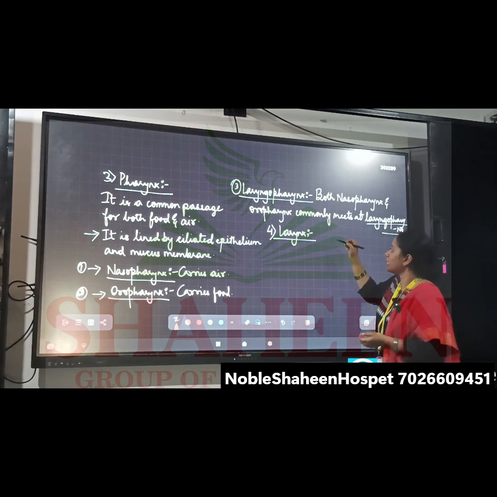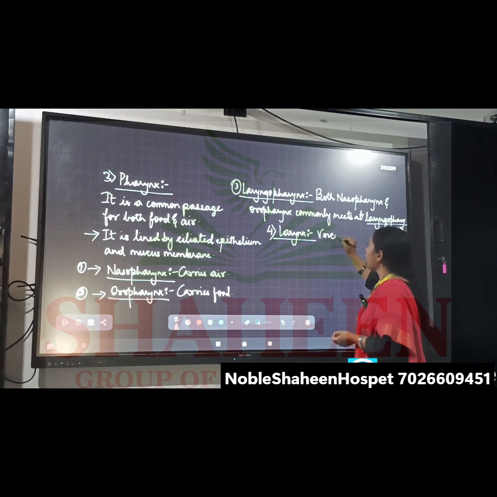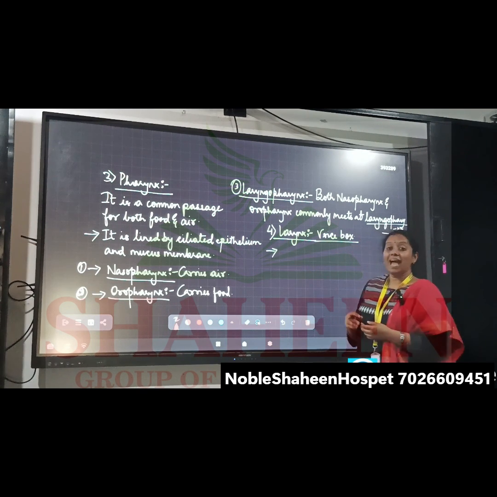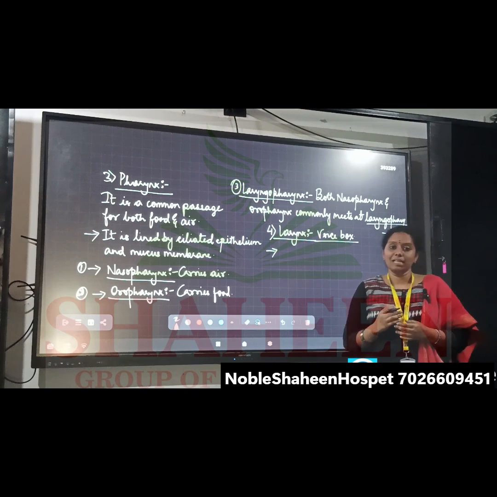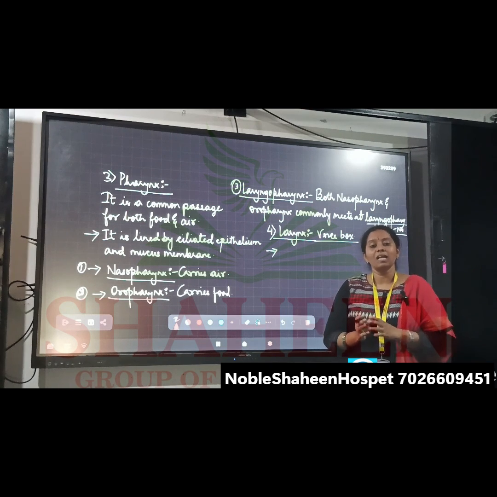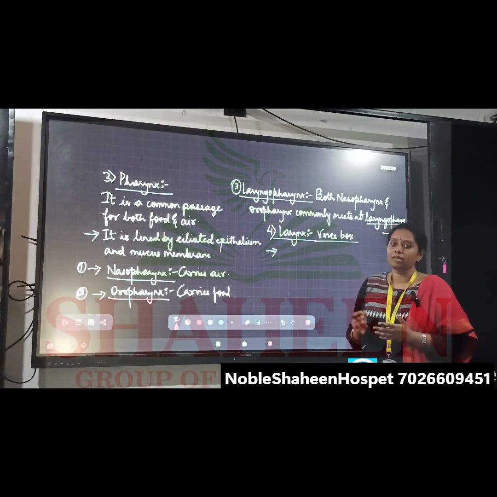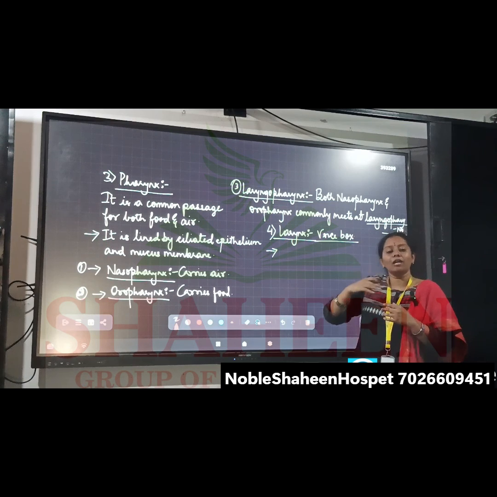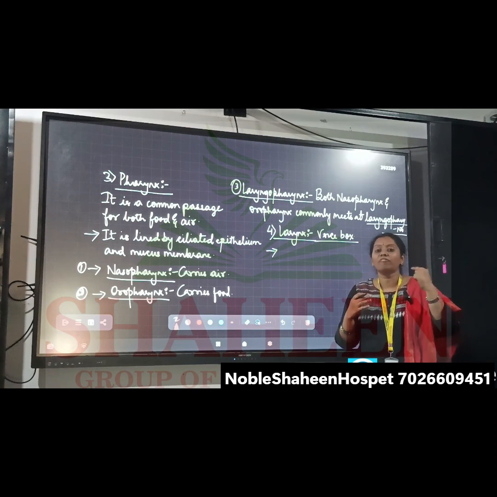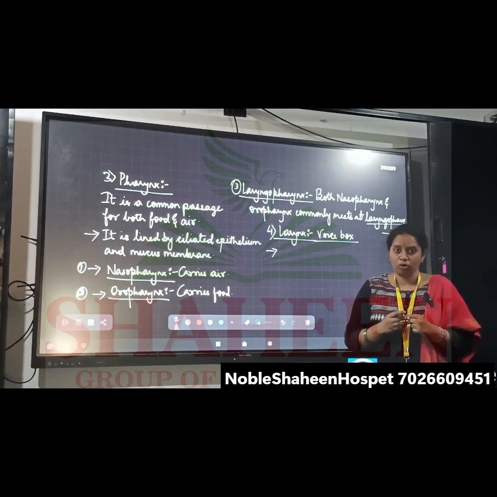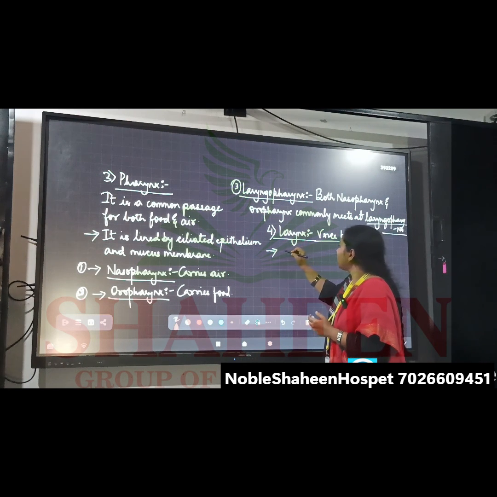So what is larynx? Larynx is also called voice box. Okay. So larynx is made up of 9 cartilaginous pieces around it. In that, the biggest one is the thyroid cartilage. So onto this thyroid cartilage, there is another flap of cartilage which is called epiglottis. Okay. So let us write this.